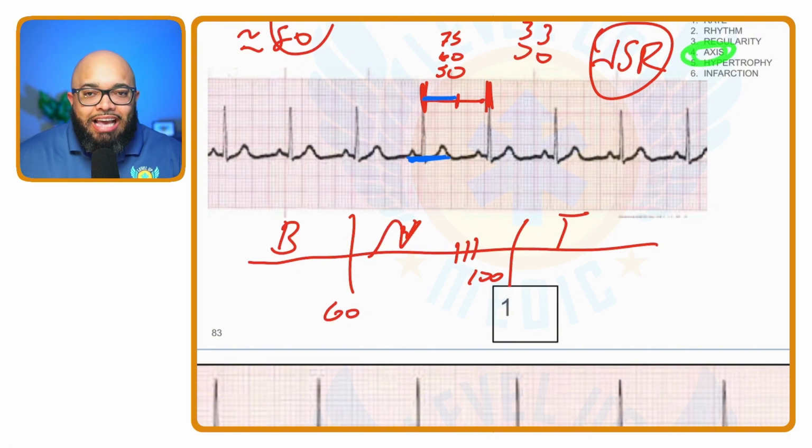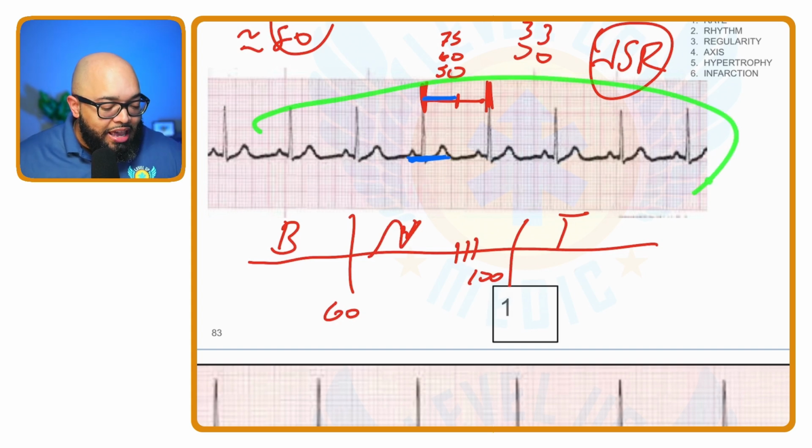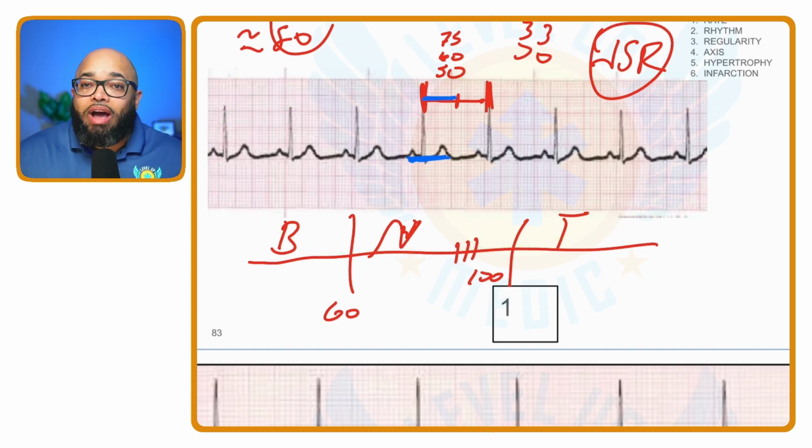Now, in terms of axis, I can't really tell axis because I need to compare at least 2 leads. I need at least lead 1 and aVF. You can look at other leads, but the way I've taught you to do it is look at lead 1 and aVF. In this case, I only have 1 rhythm strip. I don't have a 12 lead, so I can't really figure out the axis. Now, hypertrophy, I need more than 1 lead for that.